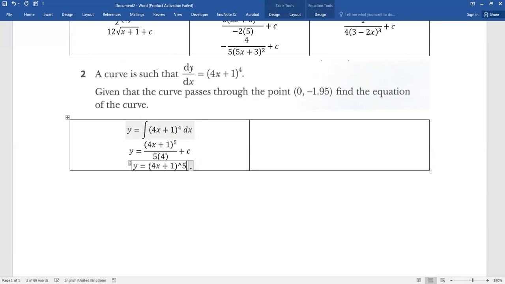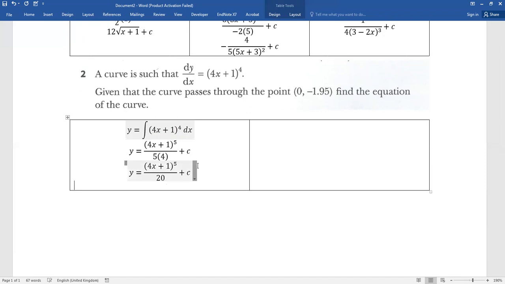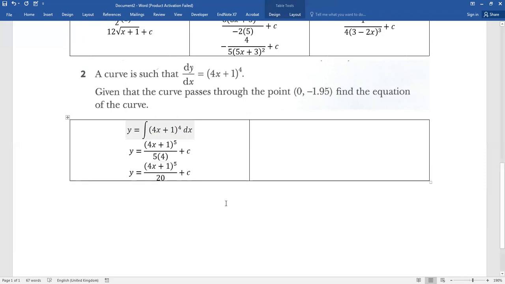Now, how do I expect to find c? We put in the coordinates (0, -1.5). So -1.5 is equal to (4 times 0 plus 1) to the power 5 over 20, plus c.